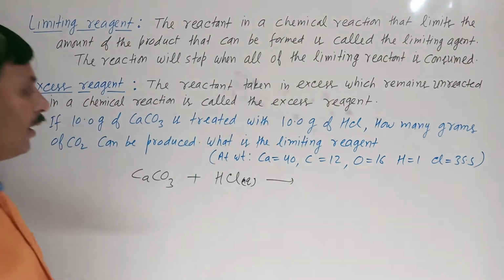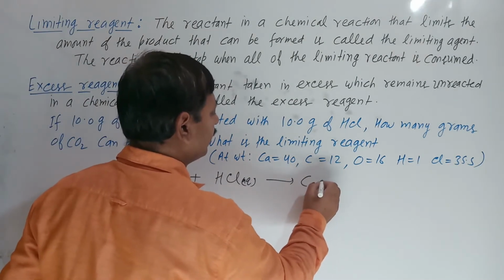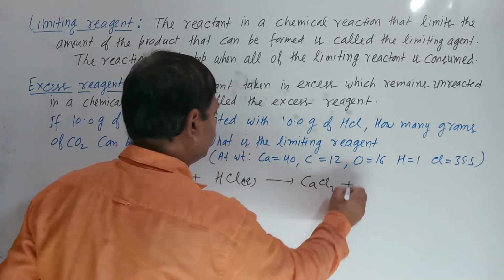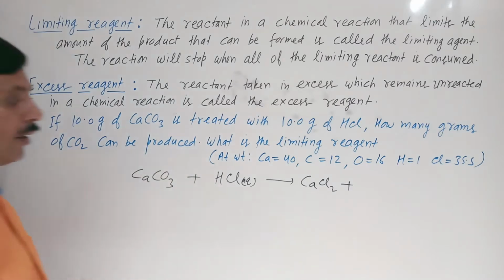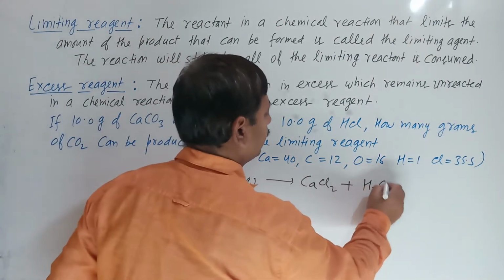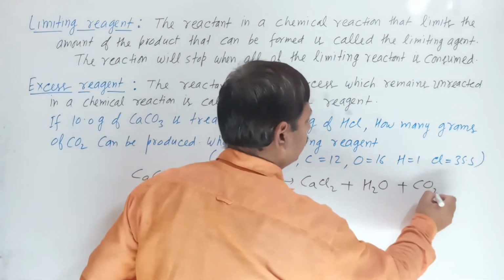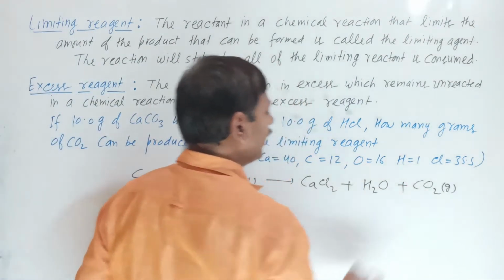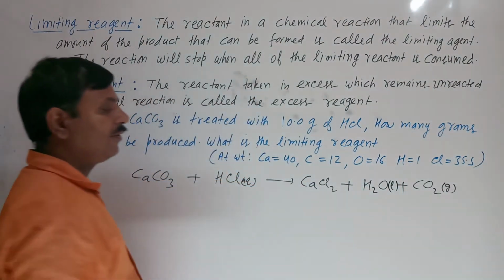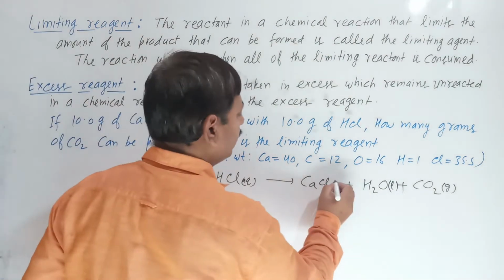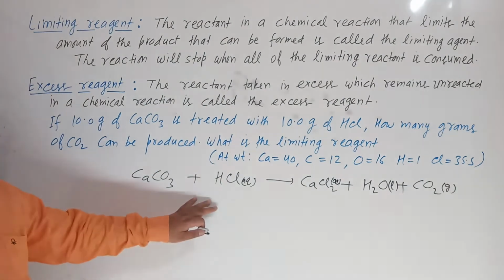They are forming calcium chloride, CaCl2, plus water. Also carbon dioxide is evolved. Here carbon dioxide will be in gaseous form. Water is in liquid form. Also calcium chloride will be an aqueous solution. So this reaction takes place.